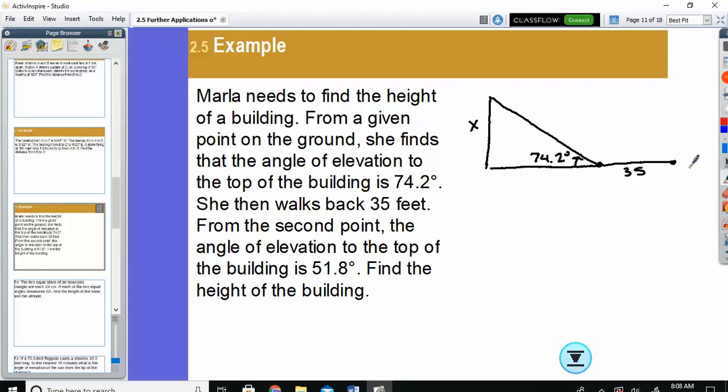From the second point, the angle of elevation to the top of the building, so going from that horizontal up to the top, it's 51.8 degrees. We have to find the height of the building.